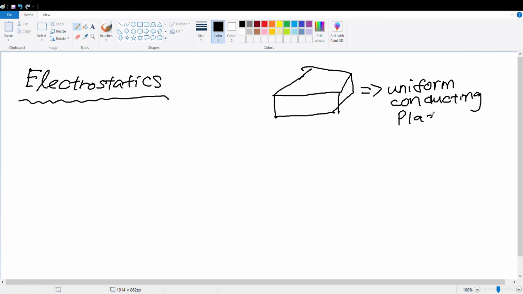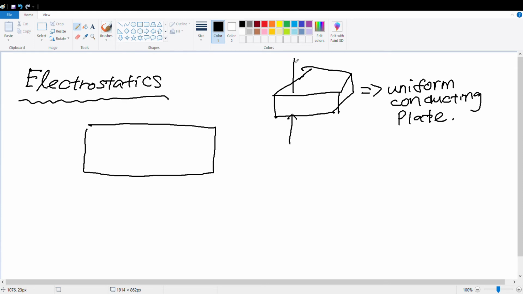Based on the plane view of this uniform conducting plate, what we get is this. So assume our electric field passes from the bottom to the top surface of the cubic conductor, the uniform conducting plate.